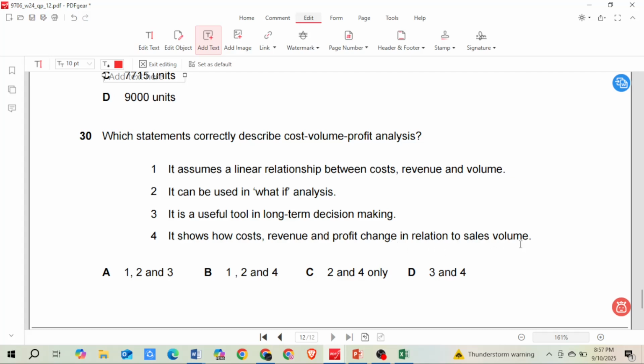As I already mentioned, cost, volume, and profit are interlinked, so it would show that relationship. If you change the number of sales or the volumes, then what will happen to your cost and how much profit you earn. So number four is also a correct statement. So your right option is 1, 2 is wrong, 4. So 1, 2, 4, which is B. Okay, so this is your right option.